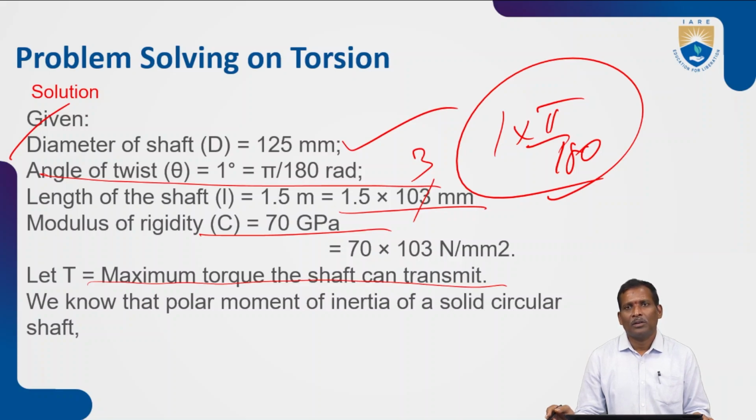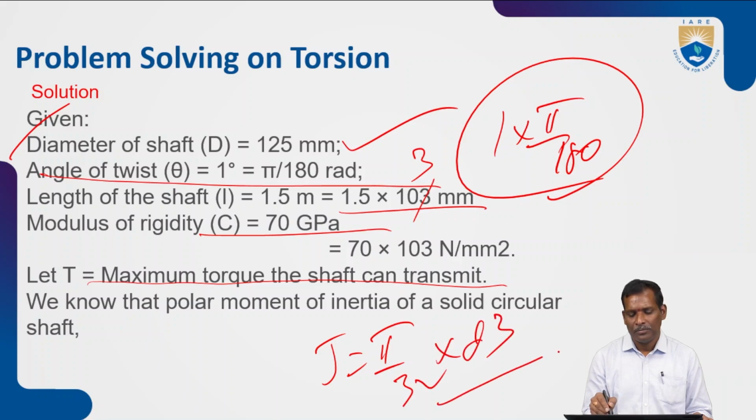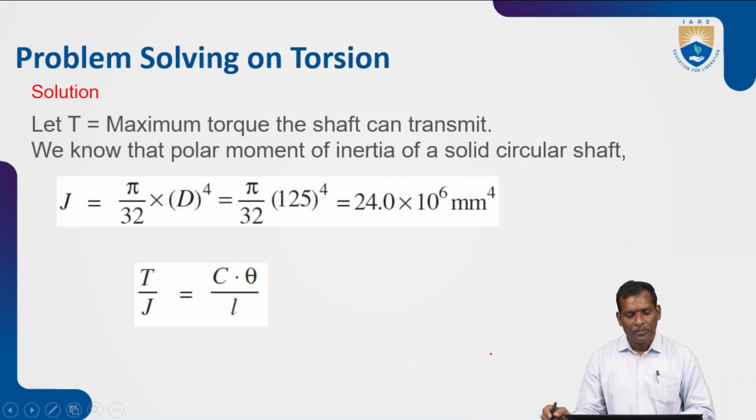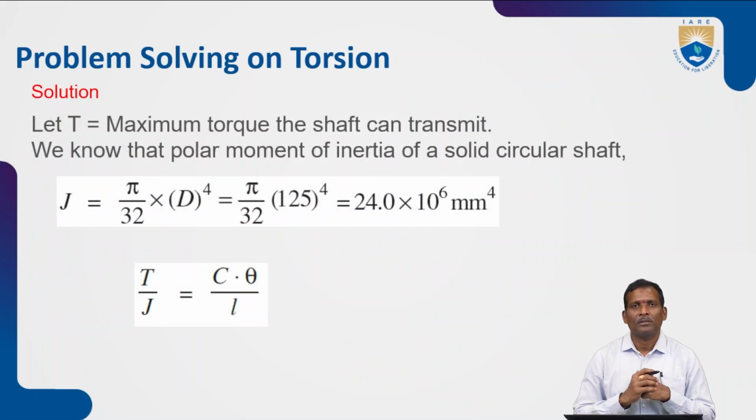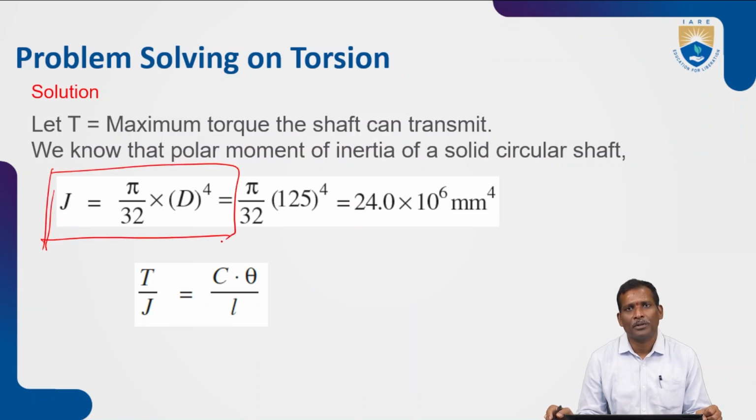We know that the polar moment of inertia of a solid circular shaft, J, is equal to pi by 32 into d to the power of 4.